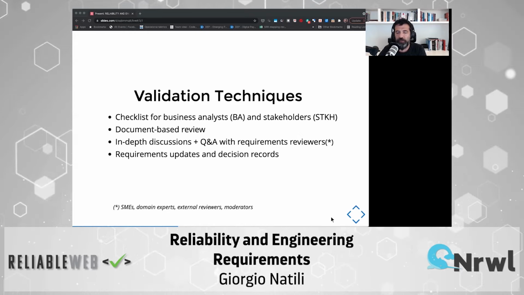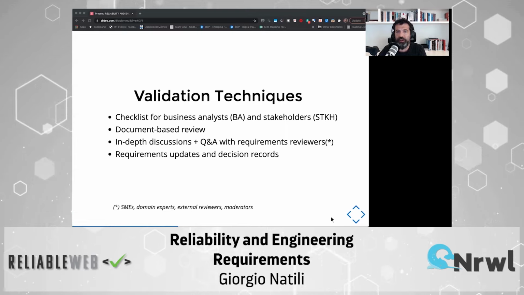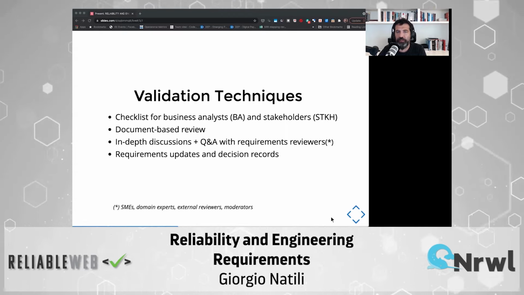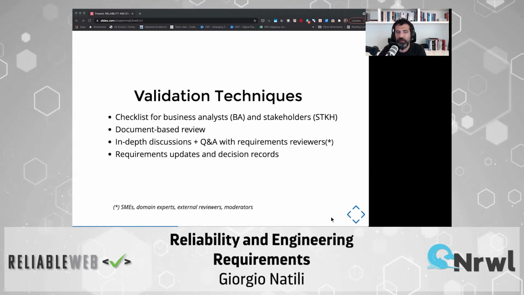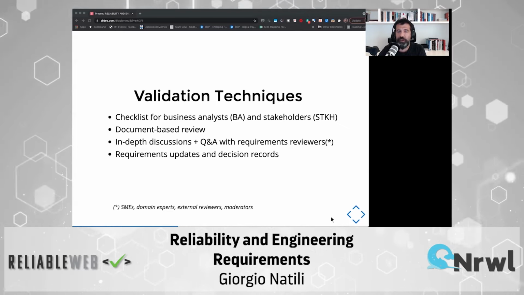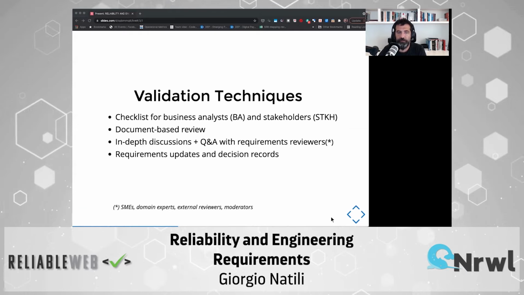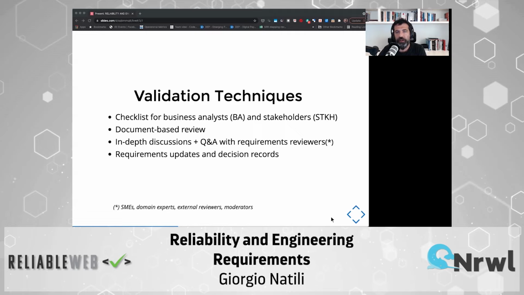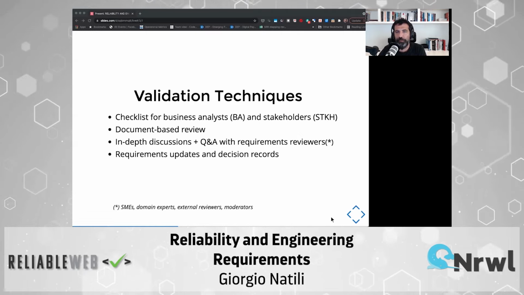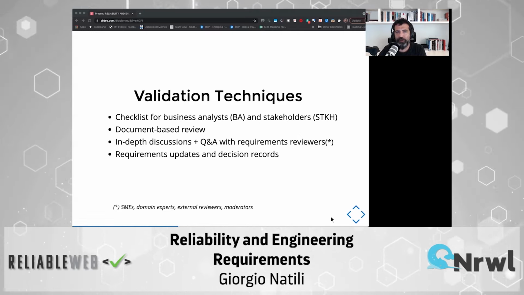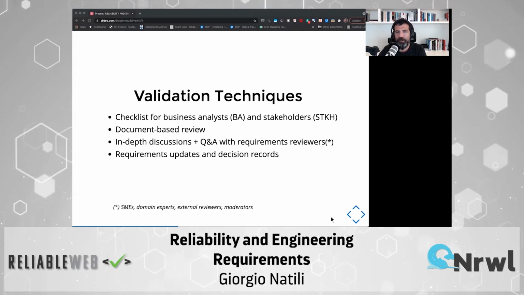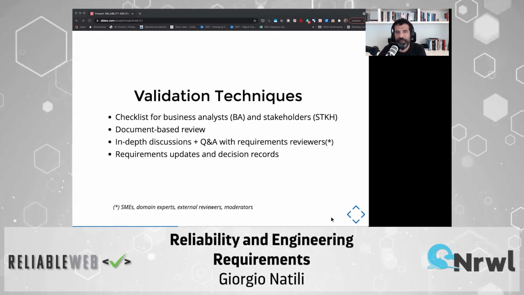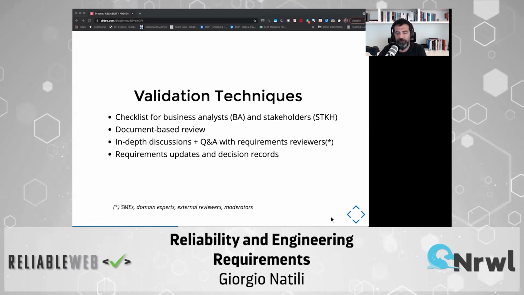It's important when you review your requirements that you involve the requirement reviewers that you feel are the most appropriate. You can have domain experts, architecture, QA, external reviewers, and also moderators. It's very challenging to keep a conversation about requirements on track and focused. So having a moderator external to the group that is debating the requirement is really helpful and impactful.